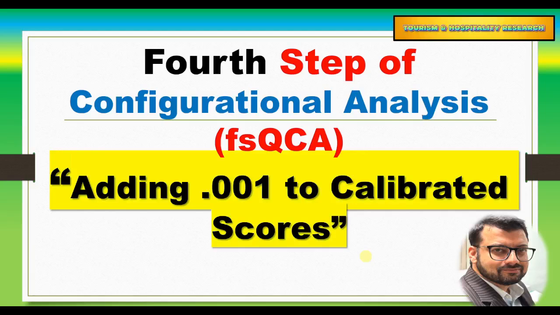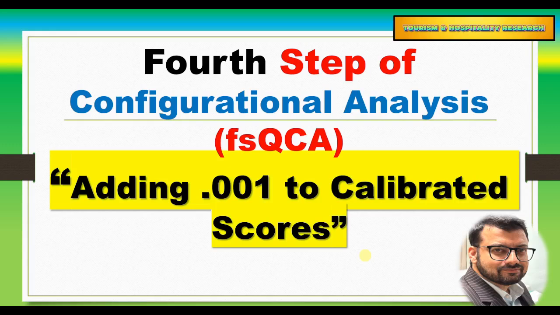In today's session of Tourism and Hospitality Research, we will be discussing the fourth step of configurational analysis in FSQCA. Once we have calibrated the data, as I showed you in the third step, there is a problem which arises in the calibrated scores.